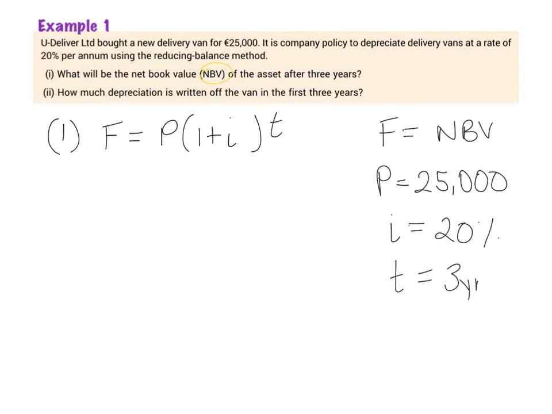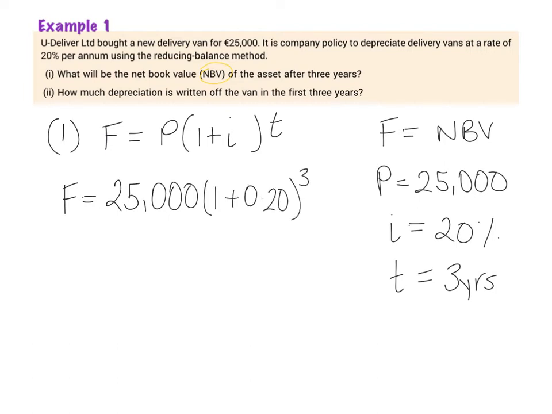Okay, so let's fill that in. F will be equal to P, which is 25,000, bracket 1 plus 0.2, 20%, all to the power of 3. So that's going to work out at 25,000.